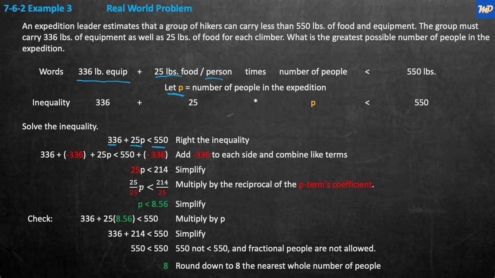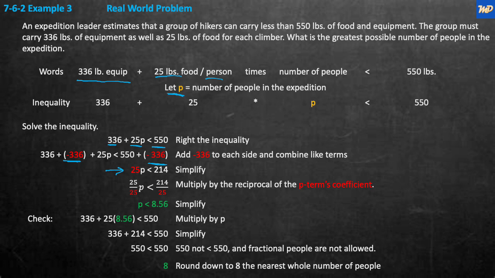There's our inequality. We solve it like any other. We move the 336 to the other side by adding a negative 336 to both sides, and simplify. 25p is what is left, and it is less than 214, which is 550 minus 336.